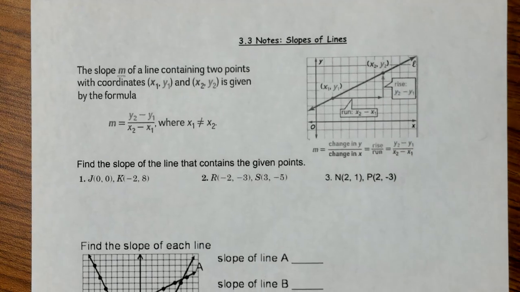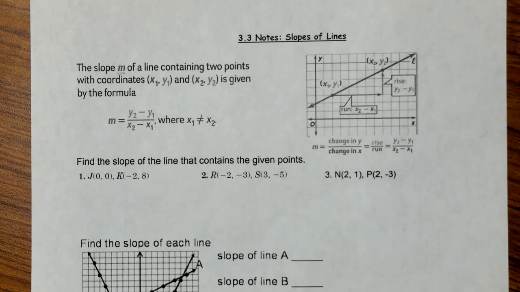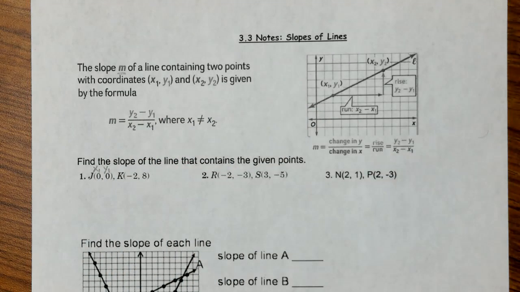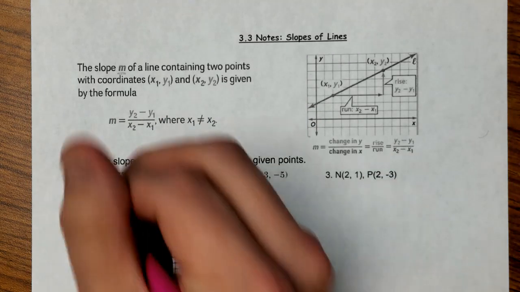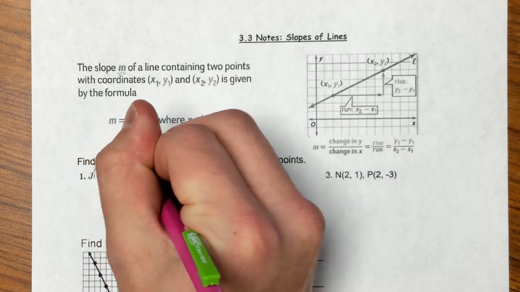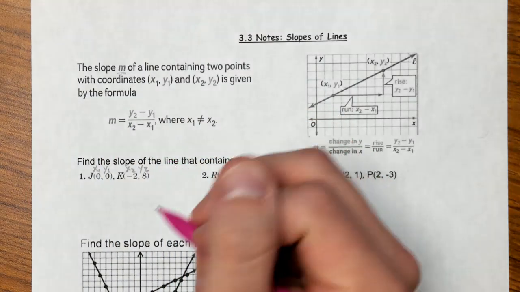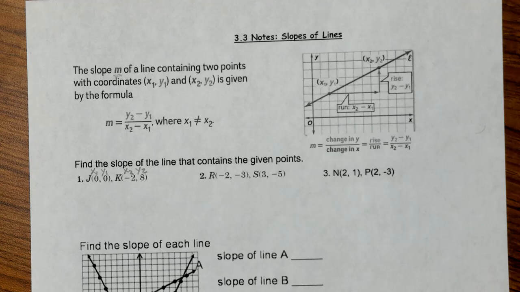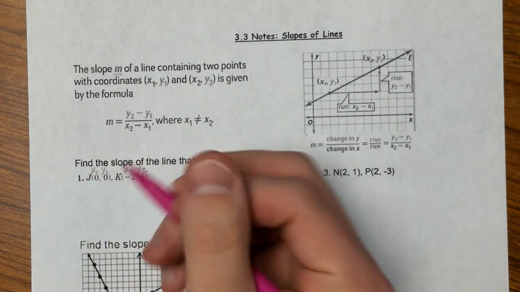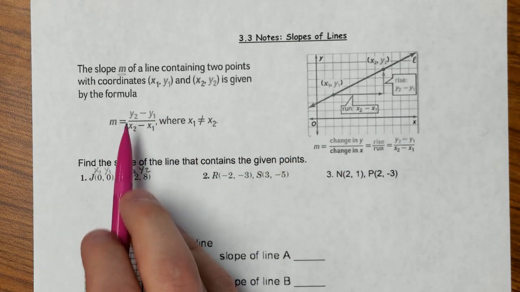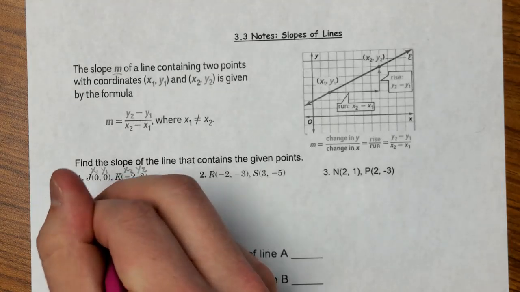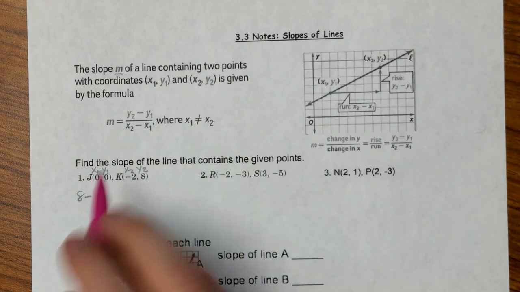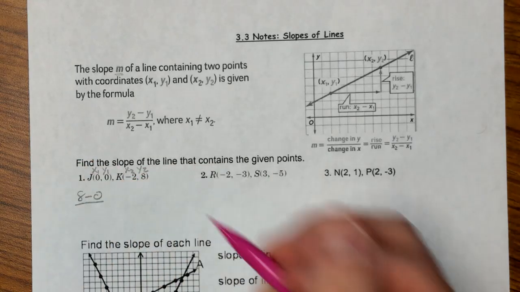What I do is I always take my coordinates and label them x1, y1. So I have my 0, 0 as x1, y1. I have a second coordinate, so I label it x2, y2. I now look at my y sub 2 minus y sub 1 formula. What is y sub 2? It is 8 minus my y sub 1. I'm following my formula. 0 is y sub 1.